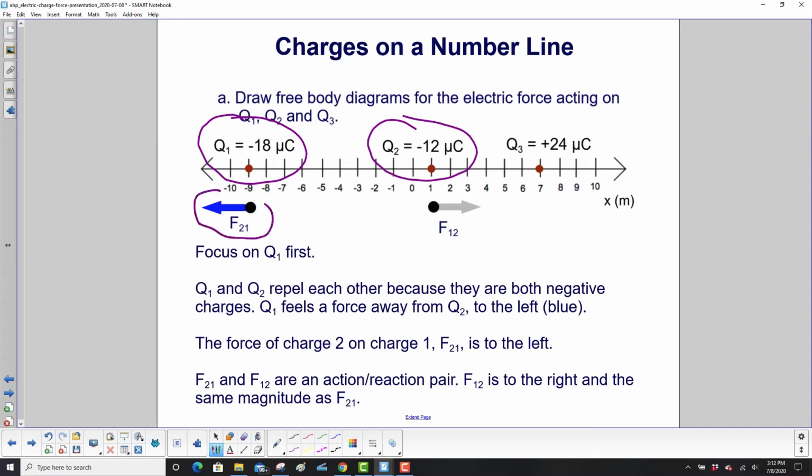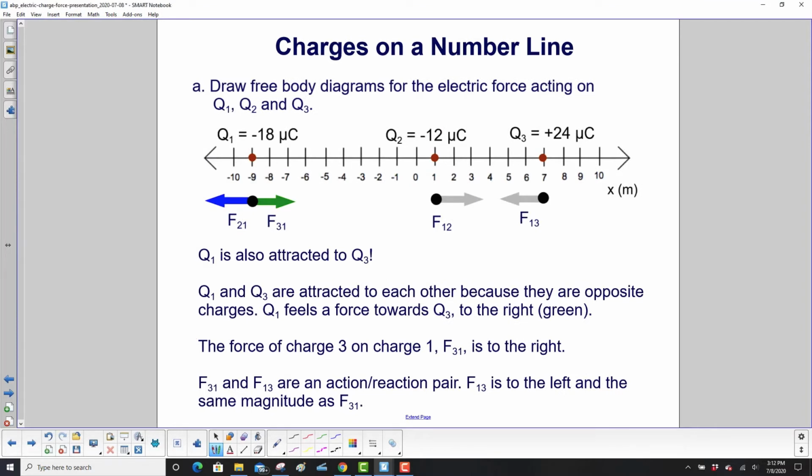So that's the force that Q2 exerts on Q1. Now, F21 and F12, well, where's F12? Right over here. This is the force that charge 1 exerts on charge 2. It's trying to push it to the right. So F21 and F12 are an action-reaction pair, so their magnitudes will be the same.